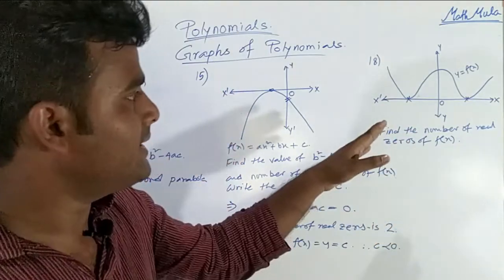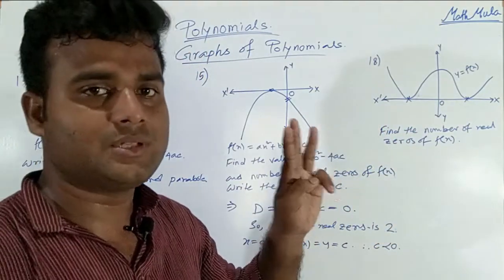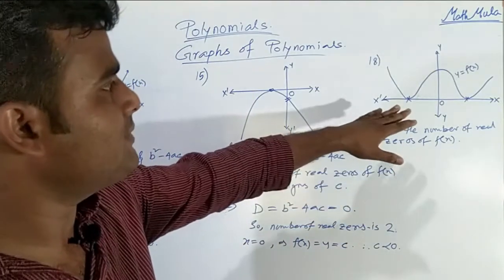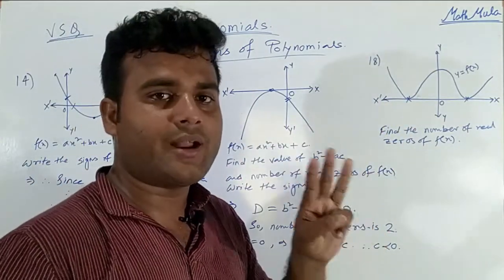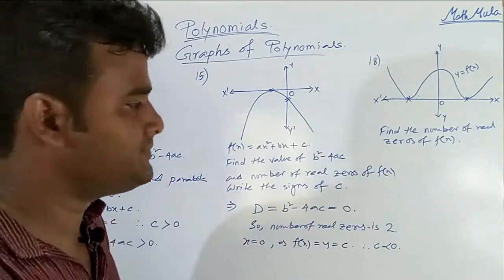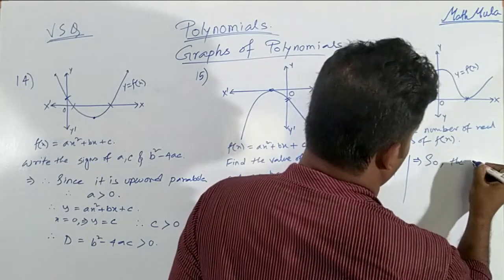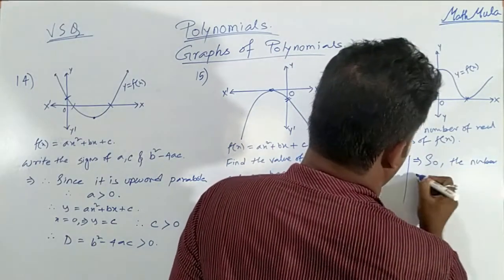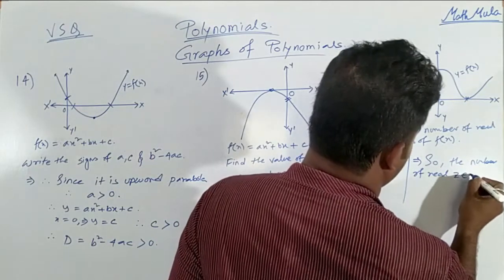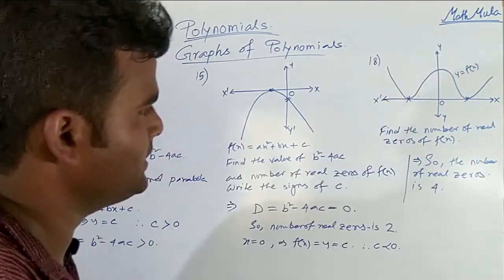That means there exist 4 zeros. That means the curve f of x has two pairs of equal real zeros. So the number of real zeros is 4. Okay, that's it.